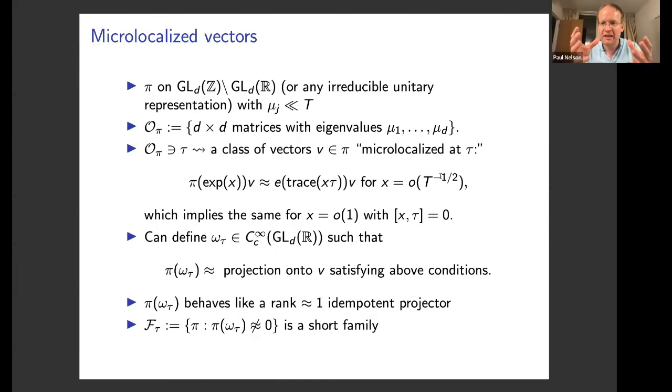If you take big O of T inverse for your omega tau and write down the analogous condition there, that will define one of these dyadic families, a dyadic ball around tau. More generally, rather than a thin rectangular thing in the dual Lie algebra picture, you could take a dyadic rectangular thing, and that defines a dyadic family. Those are the ones we use in my paper with Akshay.